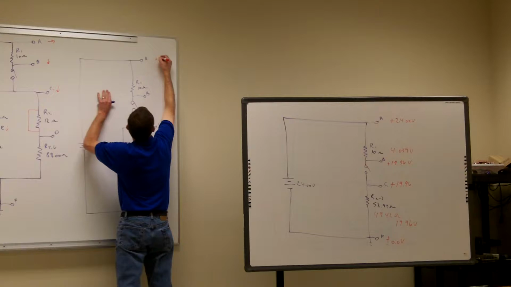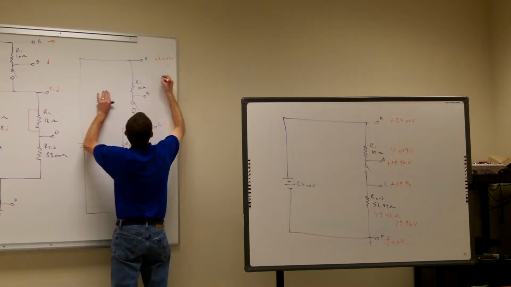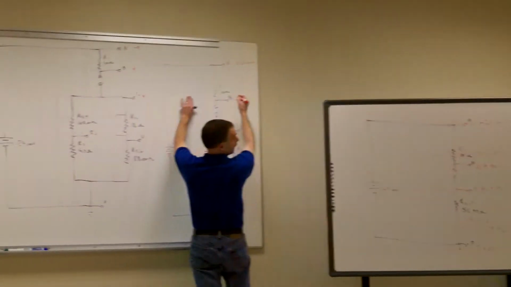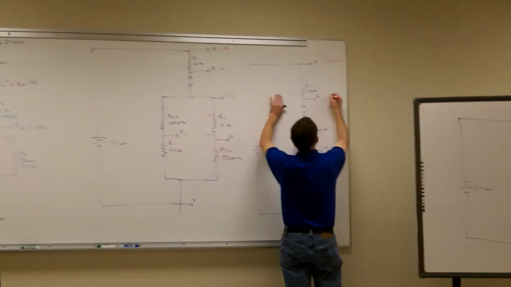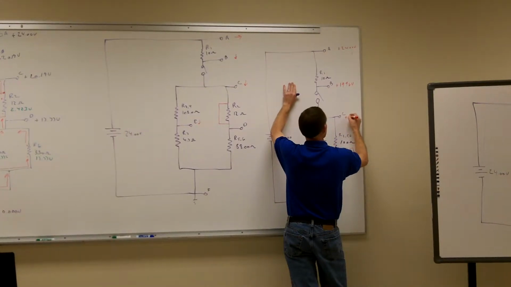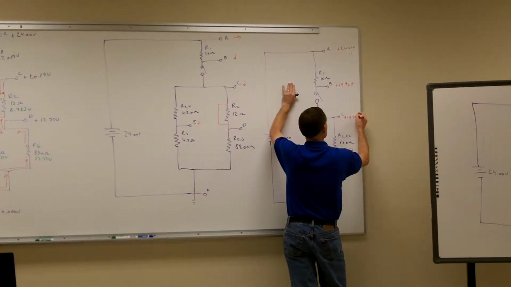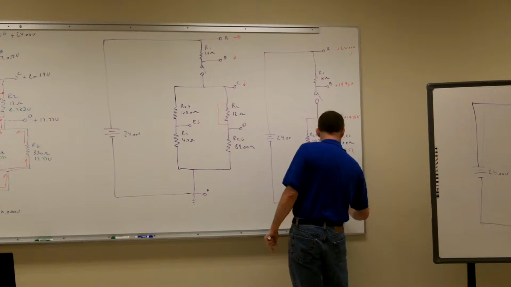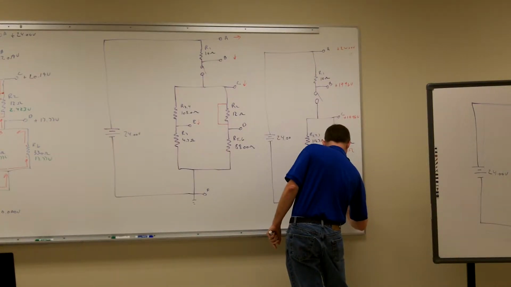So now I got plus 24 volts, plus 19.96, plus 19.96. And F is still plus 24.